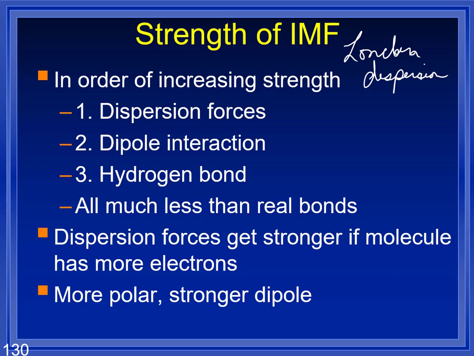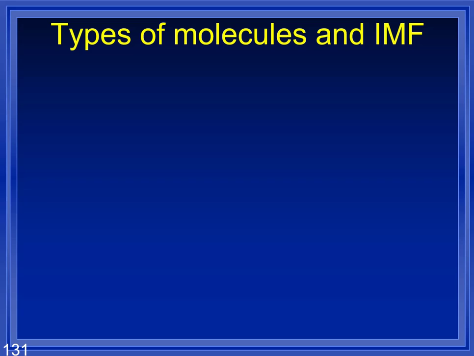Now you have to decide which kind of molecules get which kind of intermolecular force. So what kind of molecules can have dispersion forces? Well, dispersion forces were caused by random motion of the electrons, right?